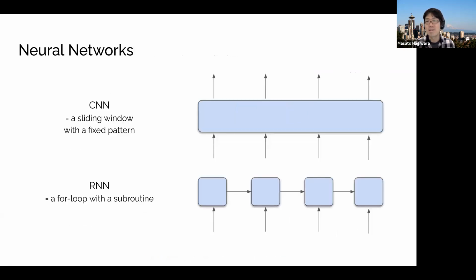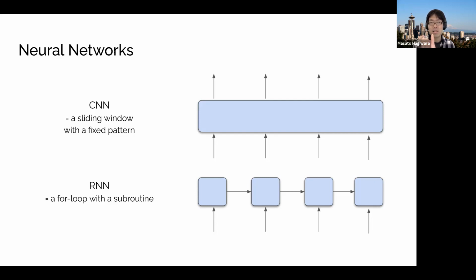I didn't want to deep dive into how neural networks, CNNs, and RNNs work. It would take something like a 1 hour lecture. To give you a very high level intuition, CNN is something like a sliding window with a fixed pattern.